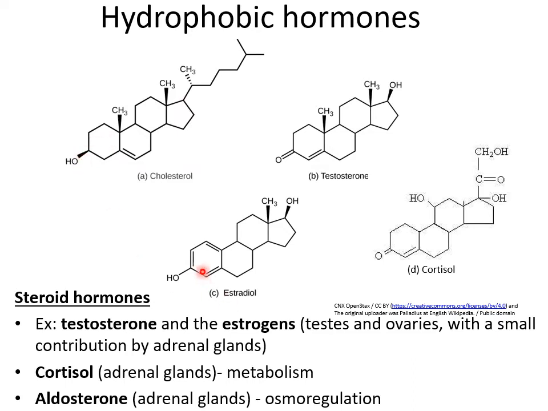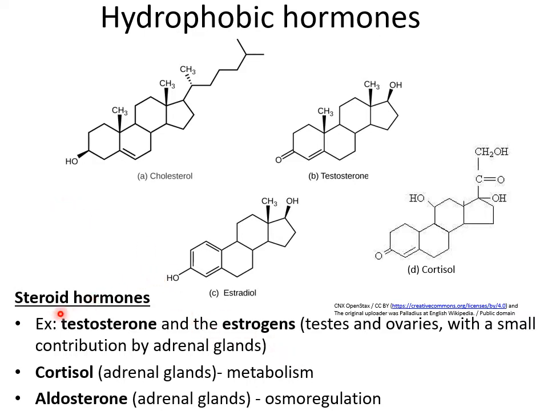So all of these look fairly similar with these four ringed structures. Sometimes they're modified a little bit. Double bonds appear in random places, but overall they are all distinctly familiar cholesterol-like structures.